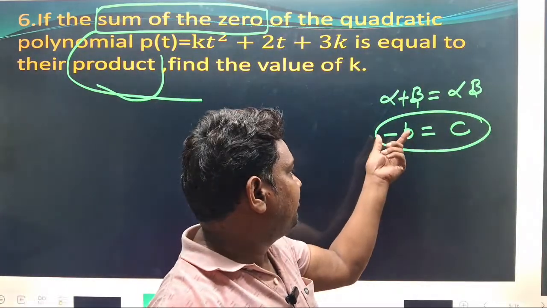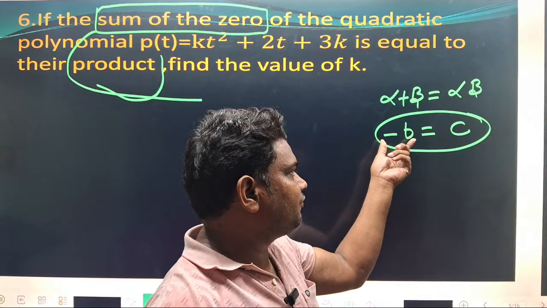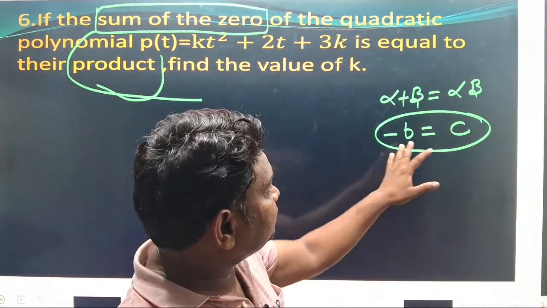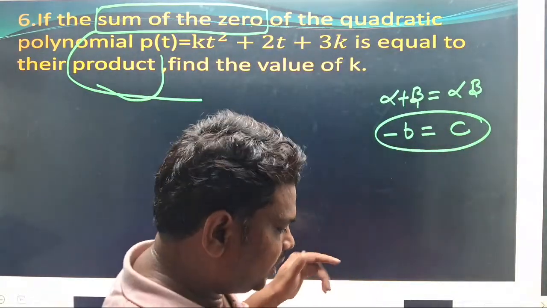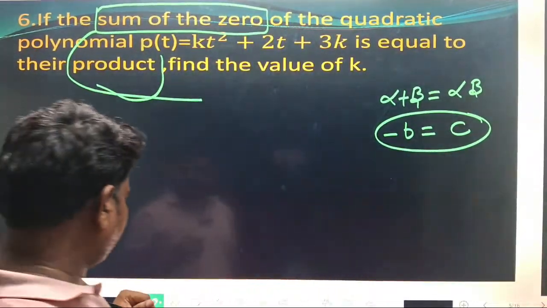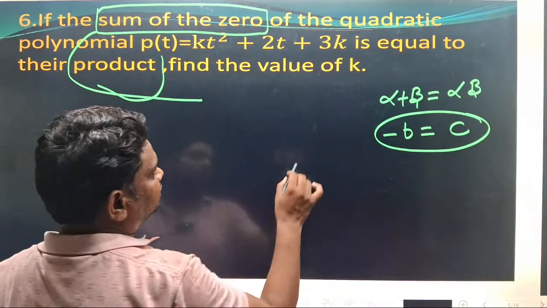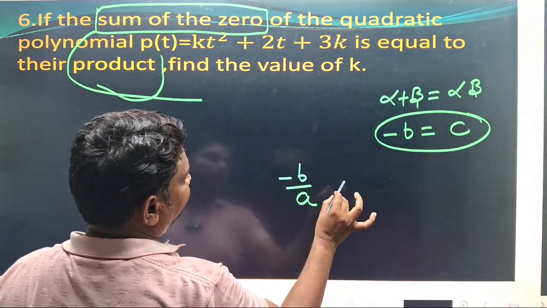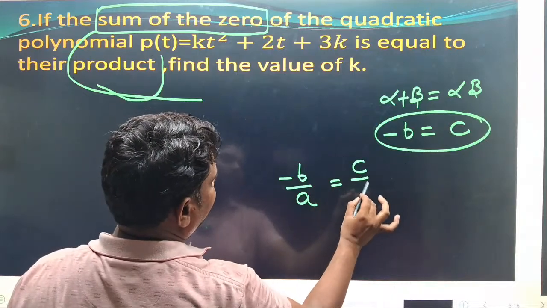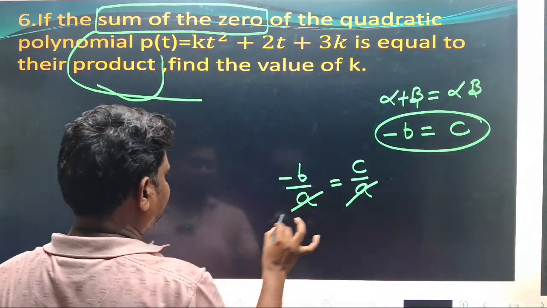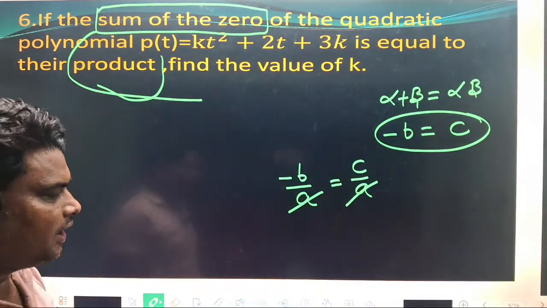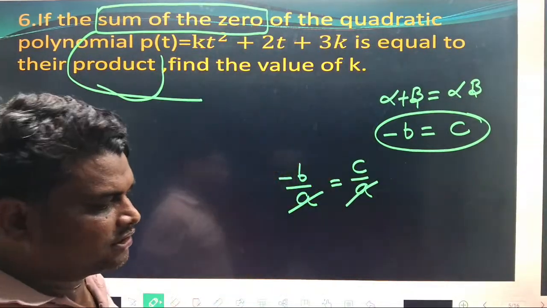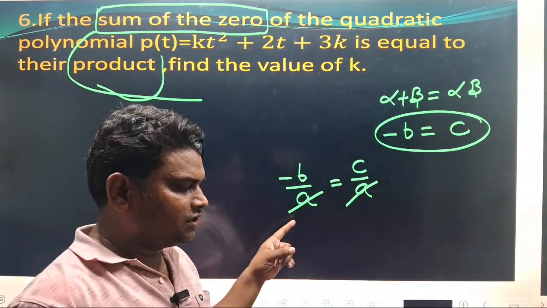Minus coefficient of x equals the constant term. This is the main concept. How does it come out? See the detail. Sum of zeros is minus b by a and product of zeros is c by a, and a is in the denominator on both sides and cancels out, then you see the result minus b equals c.